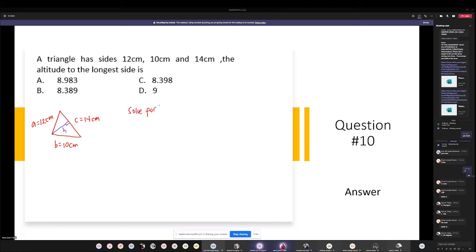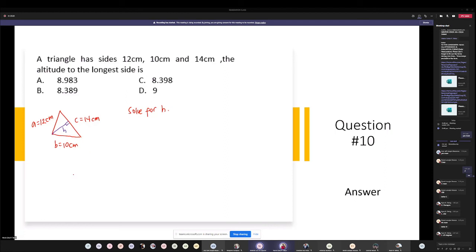The H is dividing the triangle into two parts. We need to solve for the value of H, so we can get the lower part of the triangle, a smaller triangle.